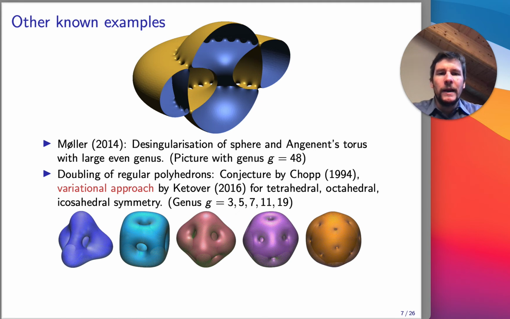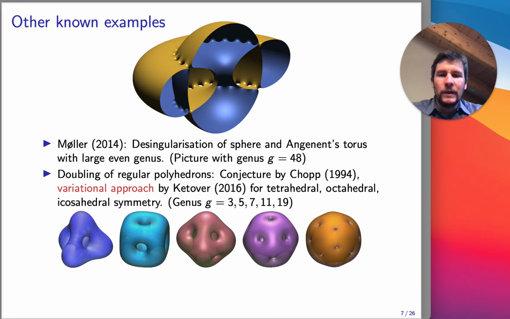Imagine you take twice the sphere, make one of them just a tiny bit smaller and one a tiny bit larger, and then in between you glue in some kind of catenoidal necks, and then this might look like a self-shrinker. Now, if you try to do this numerically for a small number of necks, you find that the self-shrinkers should look like these pictures.